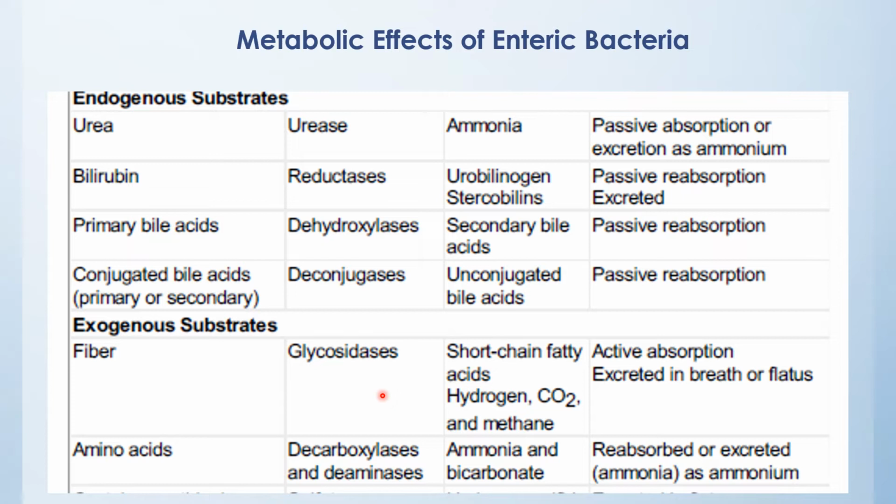Then for exogenous substrates like your fiber, it will be acted upon by the glycosidases produced by the bacteria to produce short-chain fatty acids, hydrogen, carbon dioxide, and methane. So these substances can be actively absorbed or excreted in the breath or flatus. So it's from the fiber that we produce much air. And for amino acids, it will be acted on by decarboxylases and deaminases to produce your ammonia and bicarbonate, and these substances are reabsorbed or excreted as ammonia or ammonium.